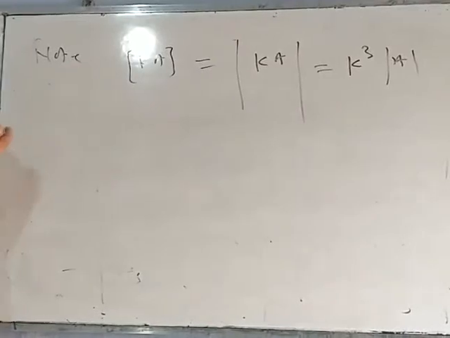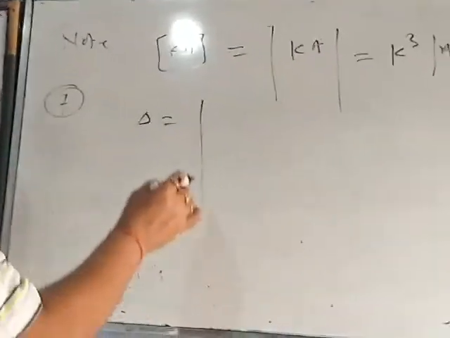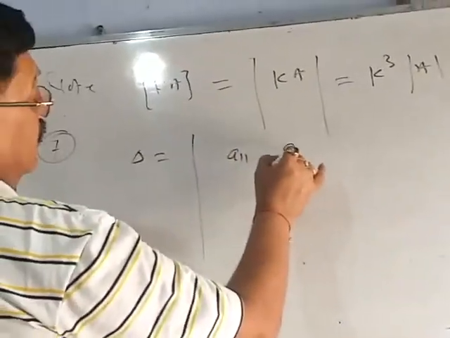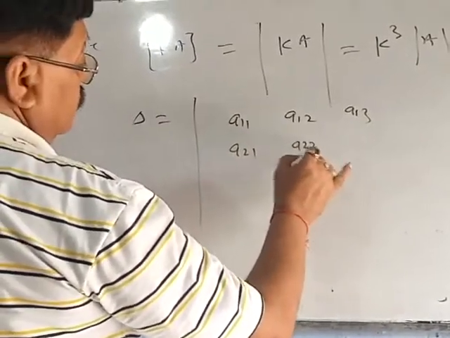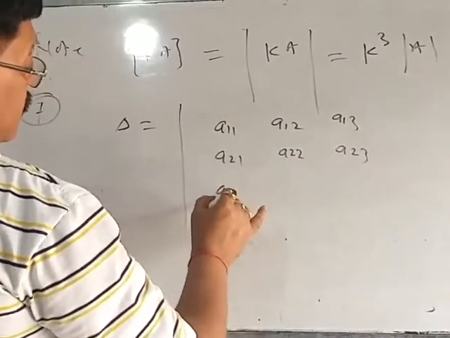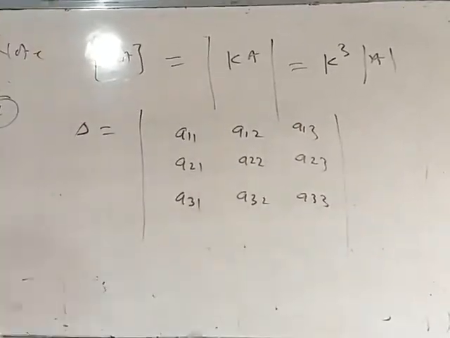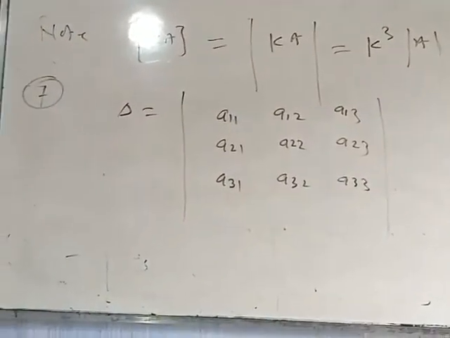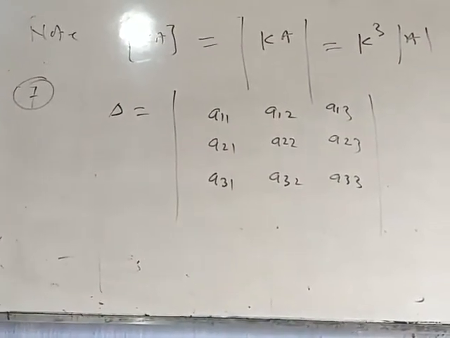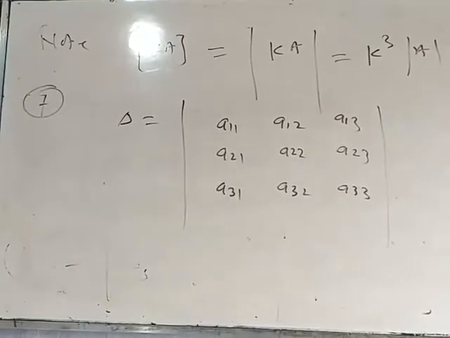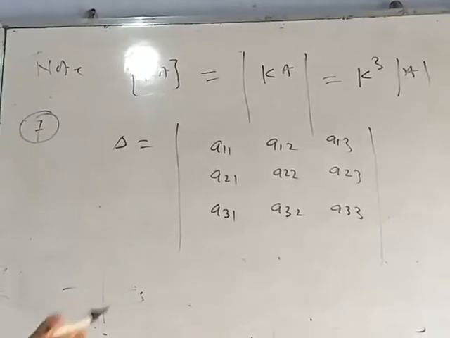Now, the seventh property of determinant. Suppose it is a determinant, student: A11, A12, A13, A21, A22, A23, A31, A32, A33. As per need, we can apply operations to get something common in a row or column, or to make any element 0 in a row or column; we can add and subtract.